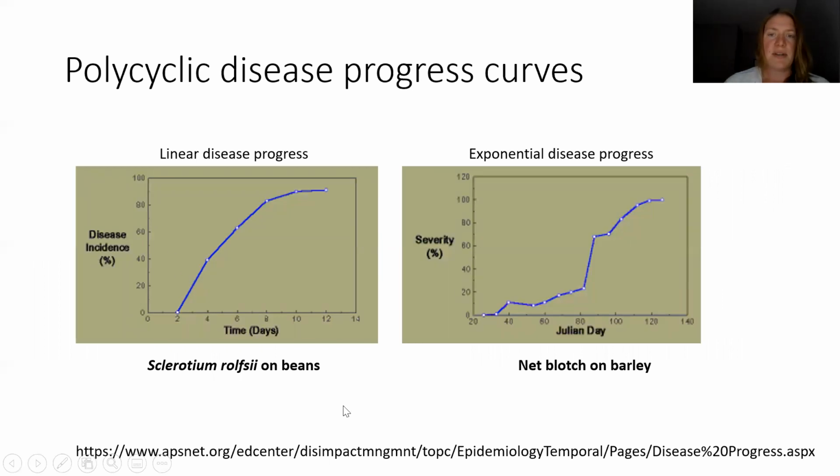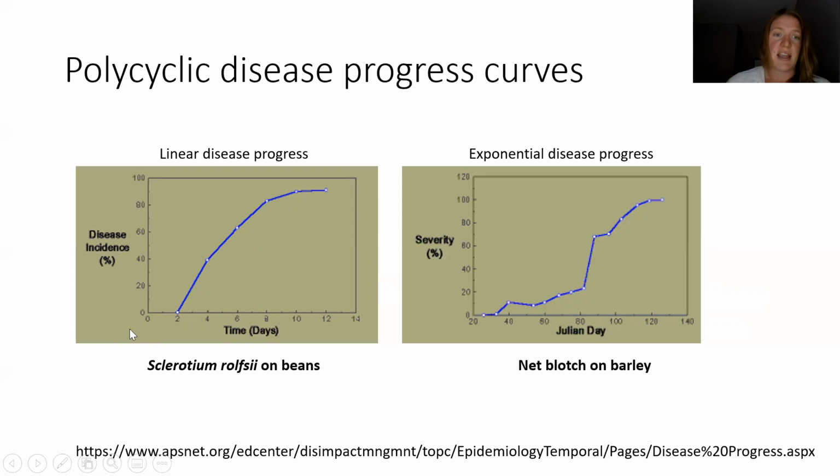So when we're tracking epidemics, one of the things that people commonly do is they just track disease progress curves. So you're looking at how much disease occurs within a field, so disease incidence, or the severity of disease. So, for example, rating how big lesions are on a plant versus the number of plants within a field.